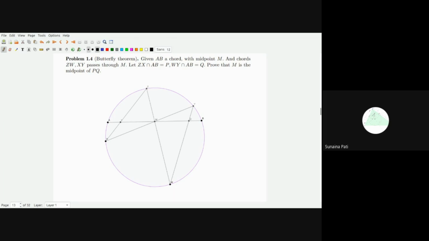Think about it. Which projective bundle would I consider? We won't use anything else here. So you want to involve M, right? You want to involve P and Q because you want ratios involving P and Q.